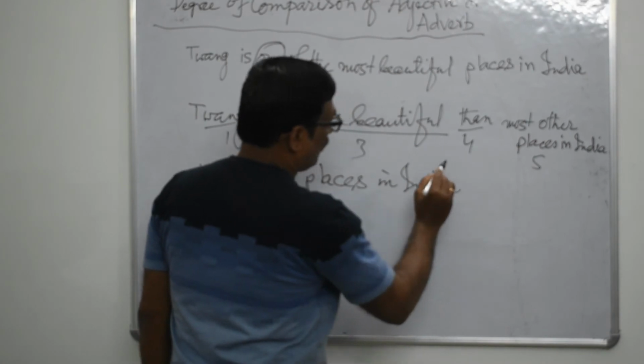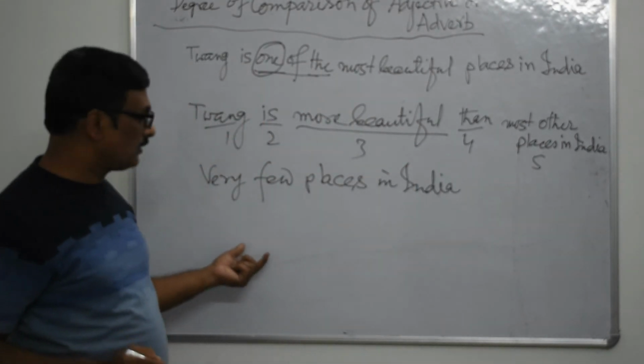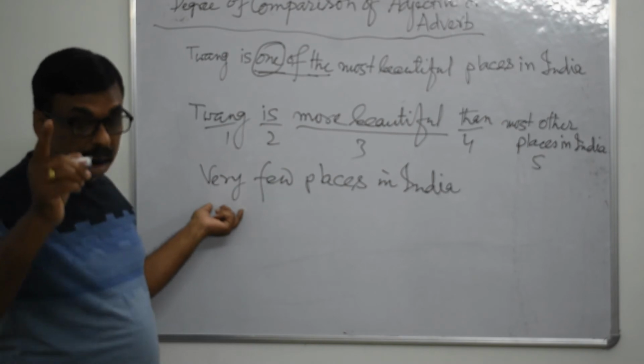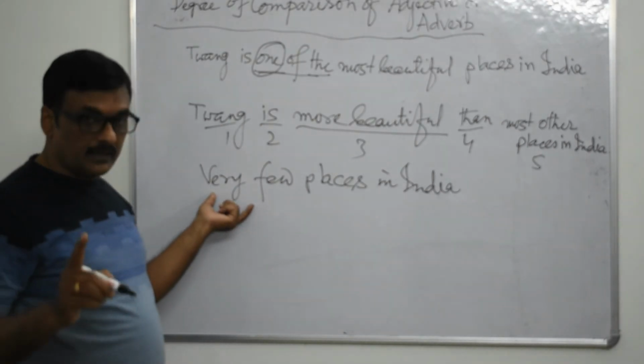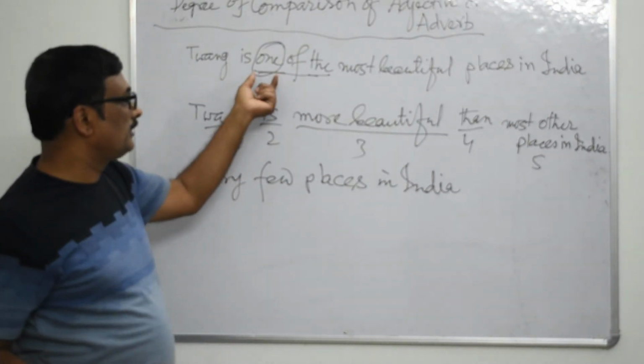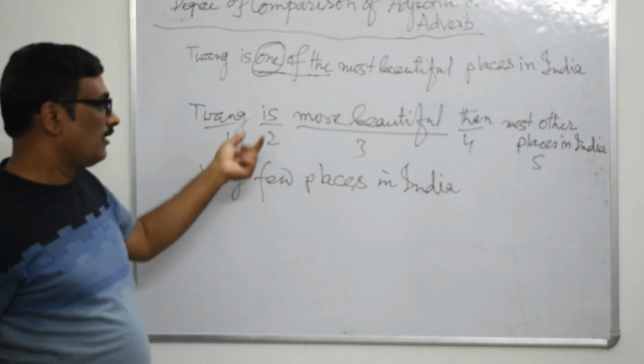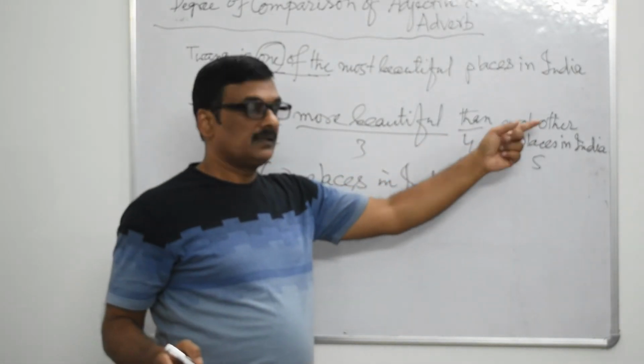That is, the object of comparative degree comes here with minor changes. If there is very few in positive degree, certainly it will be one of the in superlative degree or most other in comparative degree.